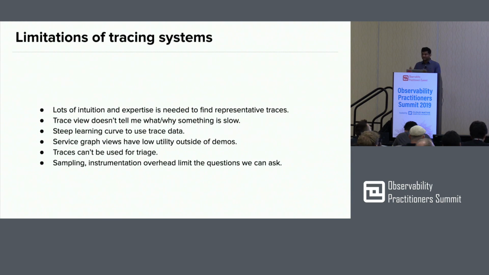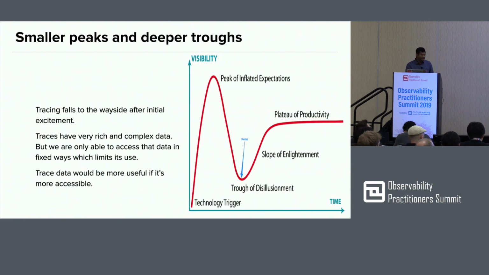As a result, the number of questions you can ask of your traces generally diminishes at scale. Once tracing systems are built and deployed, you get some quick wins, which are very interesting, and then tracing usually falls by the wayside. It becomes a nice-to-have tool as opposed to a must-have tool, right?